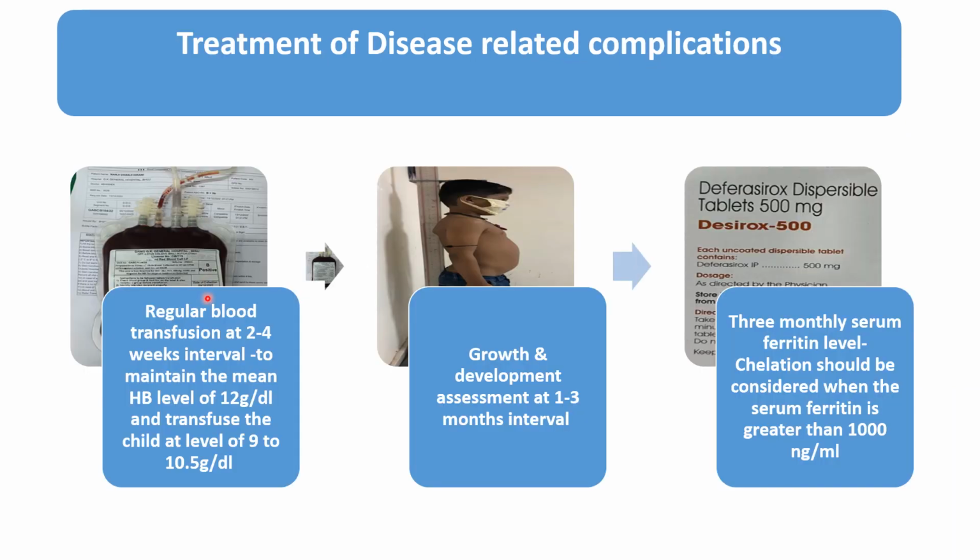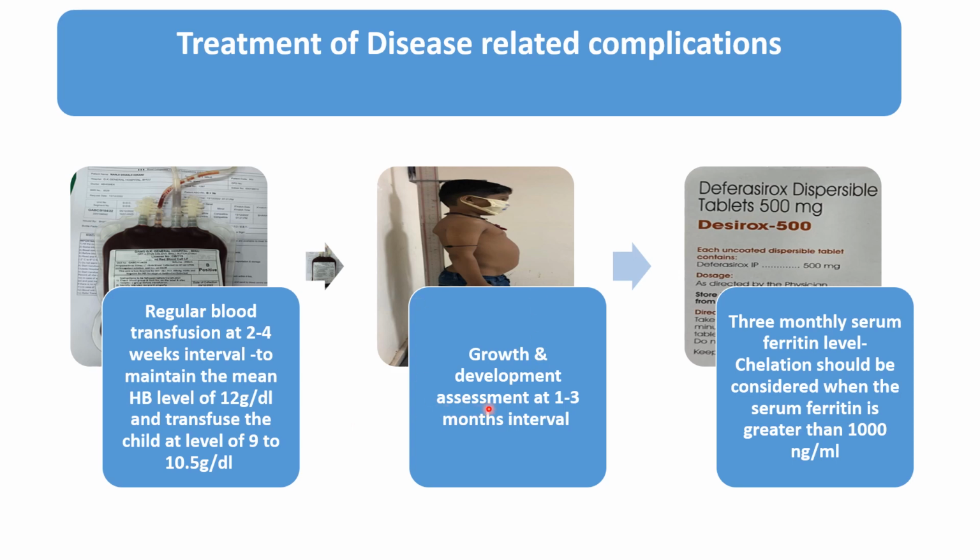Now, in the treatment of disease-related complications, we should give regular blood transfusion at 2 to 4 weeks interval, to maintain hemoglobin at least 12 gram per dl, and pre-transfusion hemoglobin should be maintained between 9 to 10.5 gram per dl.